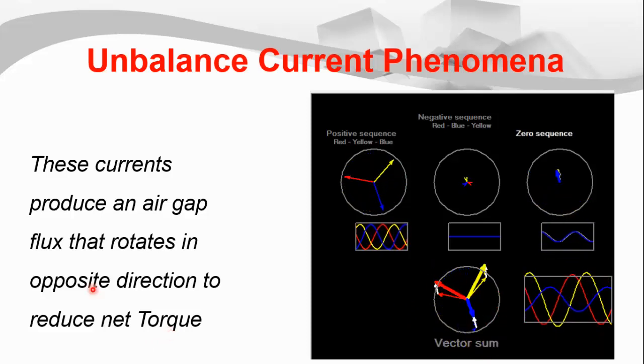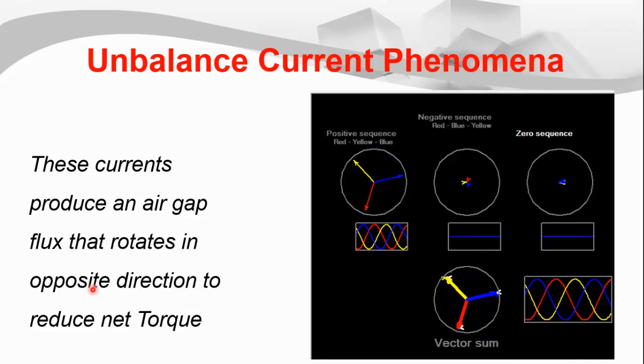Now we will see what the effects are when unbalanced currents start to flow in an electric machine. First of all, it will cause excessive power loss in a motor. Even though the sums of the phase currents are equal in both the unbalanced and balanced cases, in the case of unbalanced current, the I square R loss in one of the phases will be so high that the overall power loss in the unbalanced case will be more compared to the balanced case.